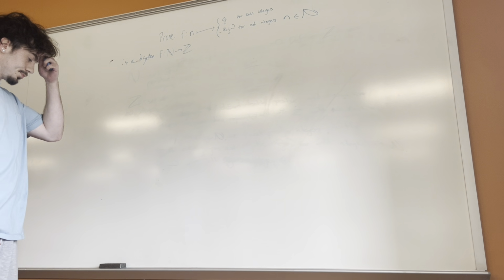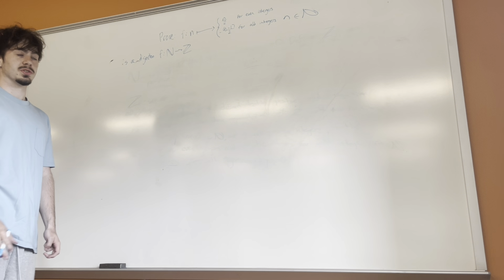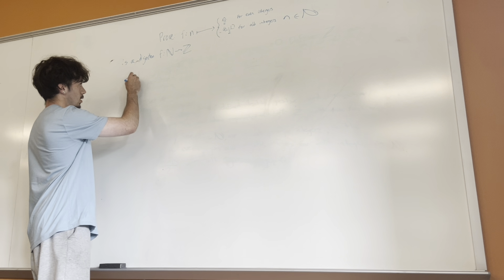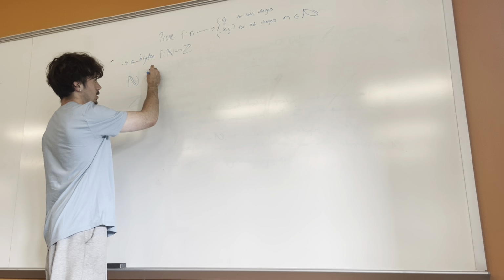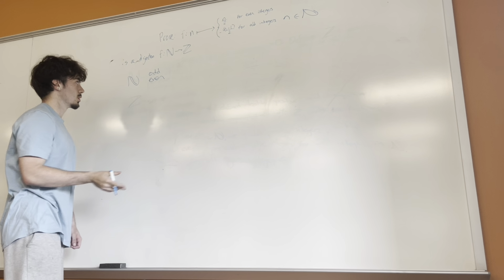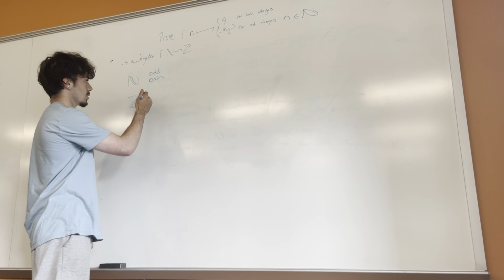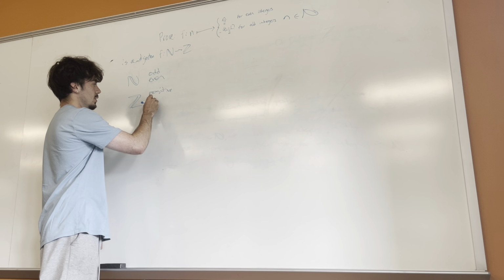So to start off thinking about this proof, the first thing we can do to break down the pieces is to think about our natural numbers in two different pieces. We have odd positive integers and even positive integers. And on the other hand, for all integers, the two main pieces would be positive and negative integers.